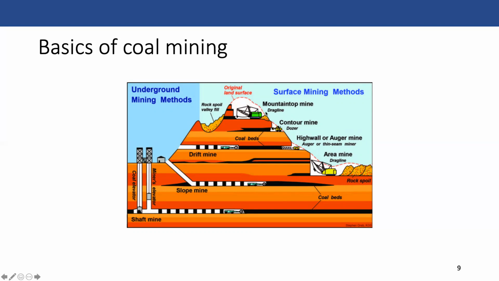You can have mountaintop mines, where they work away the surface and get at the coal. You can have drift mines, where they go horizontally straight through the land. You can have slope mines, where you go diagonally down to get at a coal bed reserve. Or you can have shaft mines, where you drill straight down until you hit one of the coal beds, and then work your way horizontally to extract the coal.